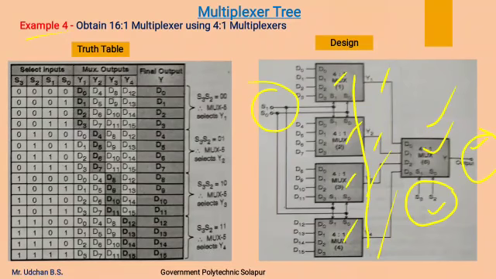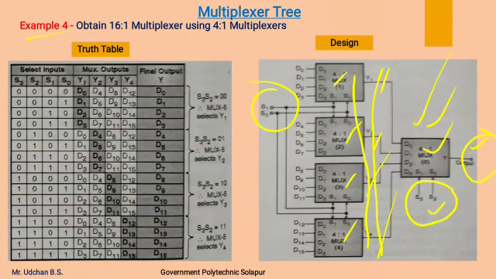So here the enable terminal is not used, as we used another 4:1 multiplexer over here, which will manage these 4 outputs as per the status of the select lines.